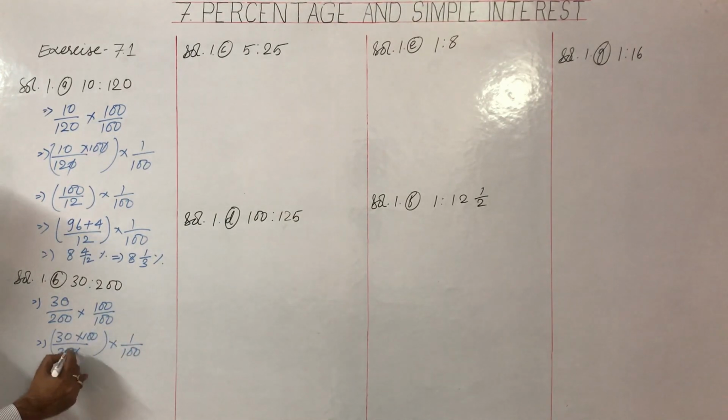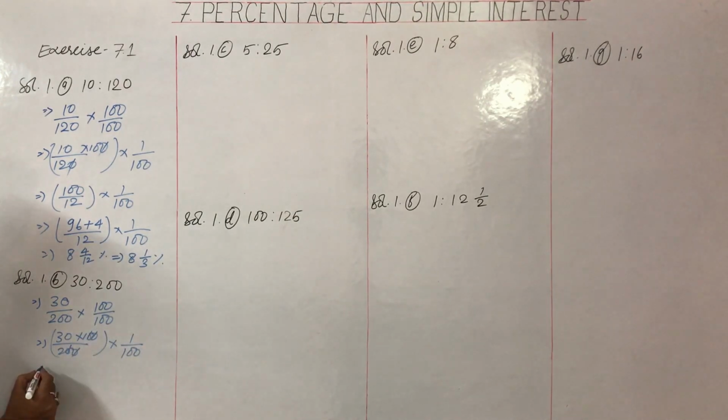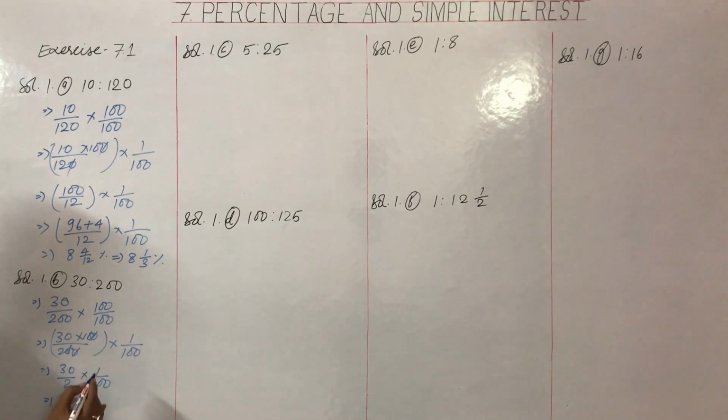Then we can cancel these two zeros. Then we have to reduce the remaining part, 30 by 2, in the lowest form by 100.